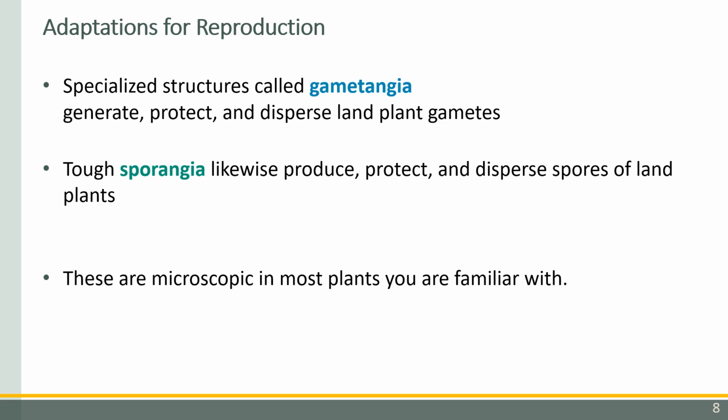There's also sporangia. Sporangia are going to protect the spores. So again, these words are not really anything new. They're telling us what they're doing. The gametes are being protected in the gametangia, and the spores are being protected in the sporangia.